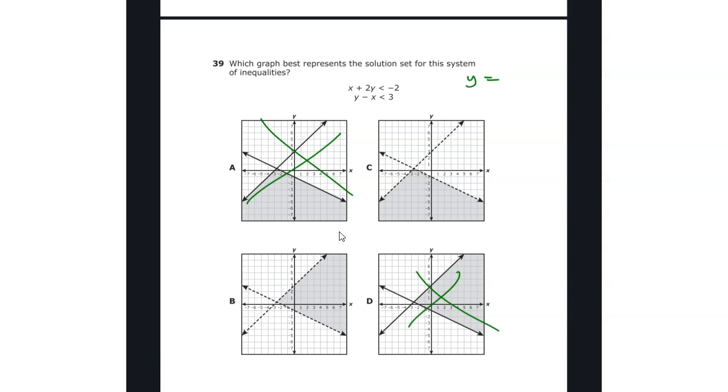So y equal to, we start with the first one, y equal to -1/2x minus 1.